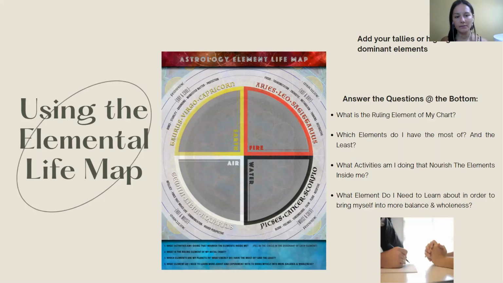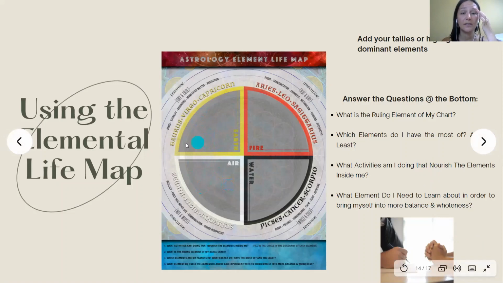Aquarius is not intimidating, but it's a place that I wanted to focus because of where my planets are. So I had more intimidation here on the left and I needed to work on that.